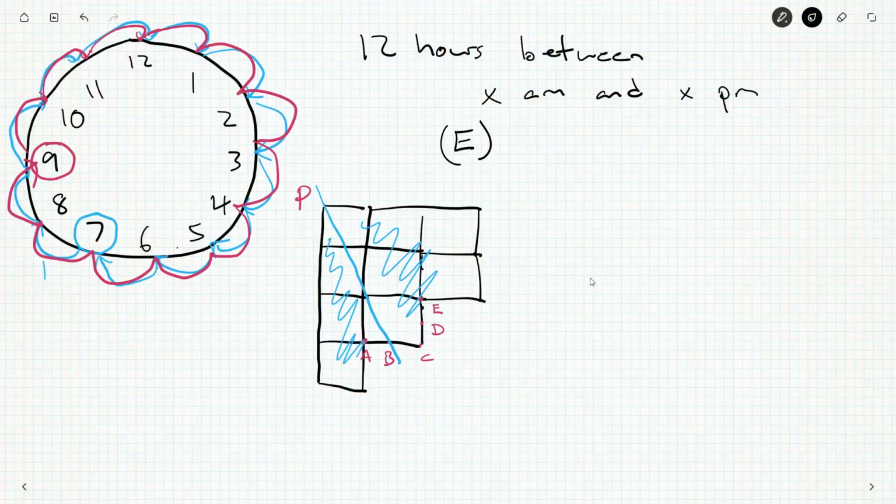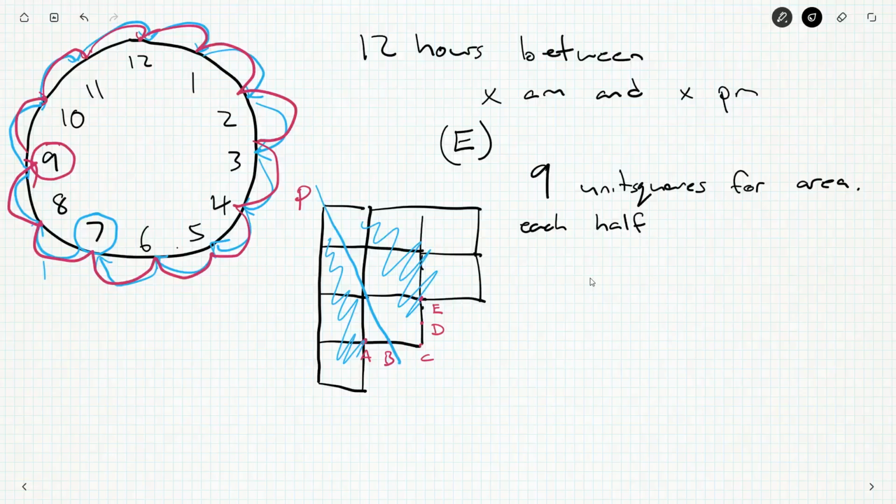How much area do we have in total? Well, we've got 1, 2, 3, 4, 5, 6, 7, 8, 9 unit squares for the area. So each half would have 4.5 squares.